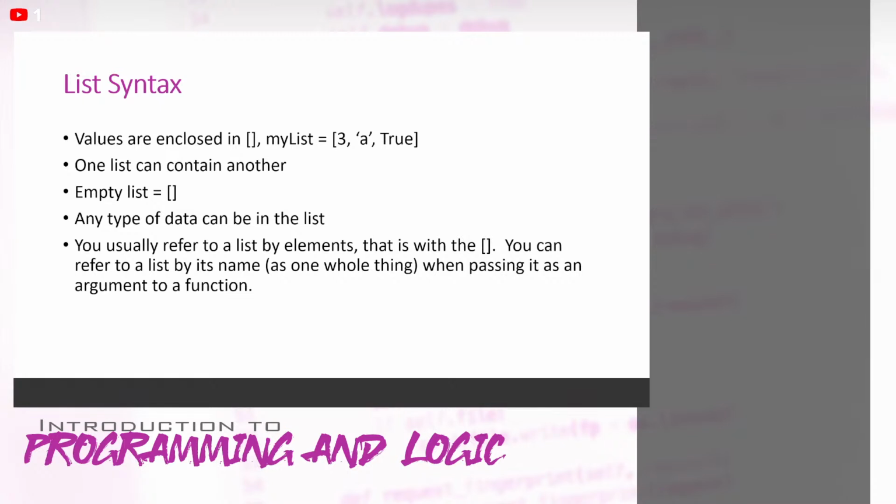Each piece of data separated by a comma. We can see we have the number 3, right? That is the integer value of 3. The character A in a string, and the Boolean true, right? So we have an integer, a string, and a Boolean, all 3 of these different data types in a singular list in Python. That is perfectly acceptable.